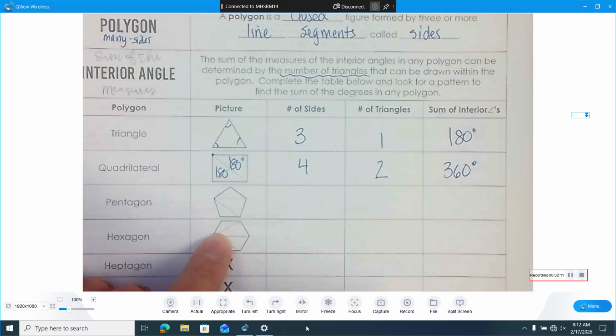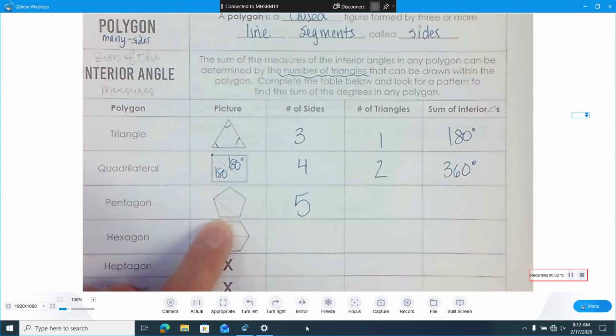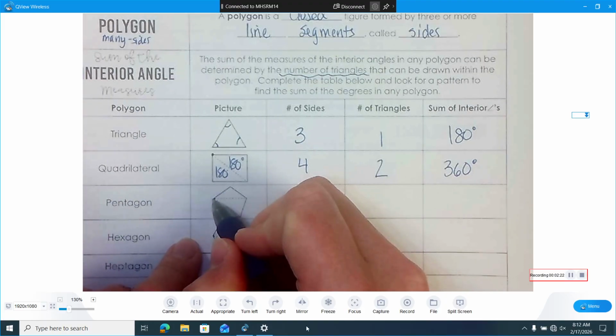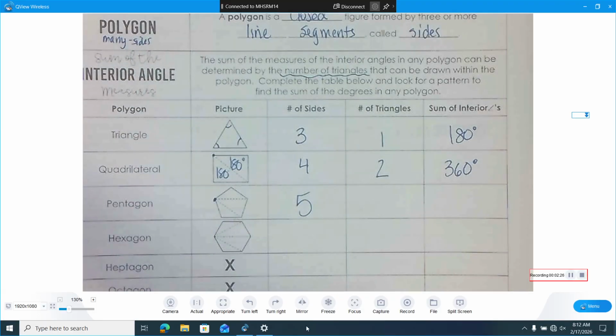360 degrees. Now here we have a pentagon. A pentagon is a five-sided polygon. And again, we can pick a single vertex and draw diagonals. This is a common test question, ladies and gentlemen: how many diagonals can you draw from one corner of a polygon?